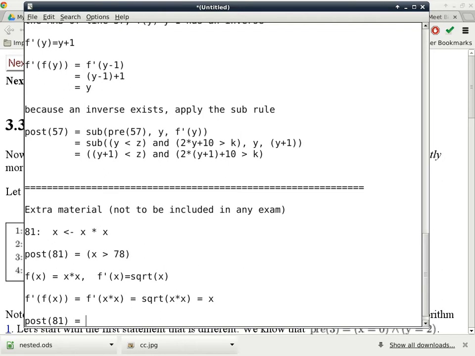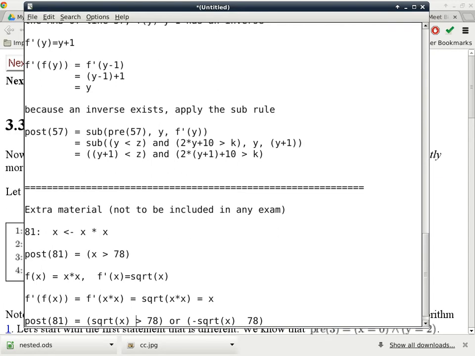So we have to do this more by hand. Okay. So we have to say this has to be true, but wait, there's another one. The negative square root of x can also be greater than 78. Actually, that's not the case. It has to be the square that is more than 78.